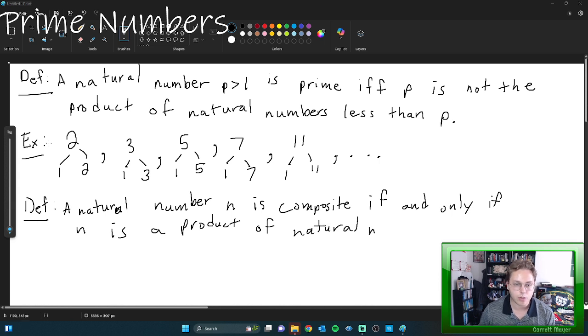So you can kind of view this as the opposite of a prime number. However, 1 is the only natural number that doesn't fit into either of these categories.